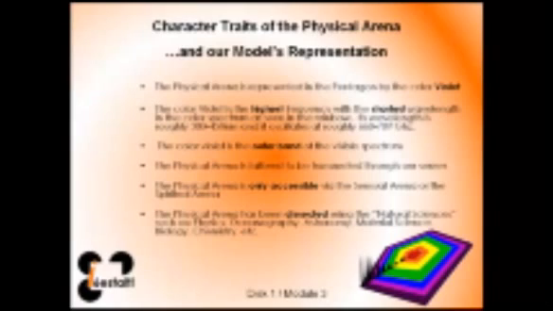So what are the character traits of the physical arena and our model's representation? And this kind of gets interesting. The physical arena is represented by a pentagon in the color of violet. Now, the color violet, I think, is applicable for the physical arena just because there is a vibrancy and a mystery and a whole lot of other attributes of the color violet itself that seem to emit from the physical arena.